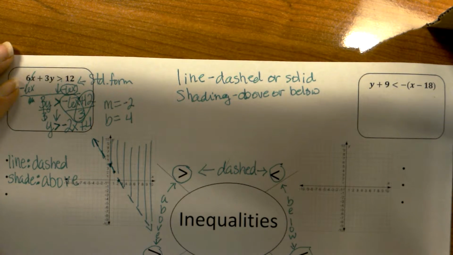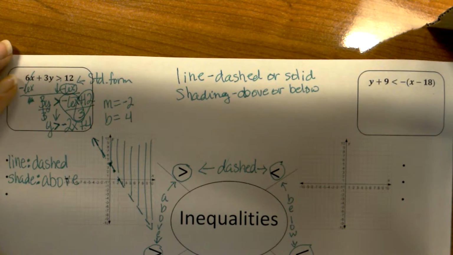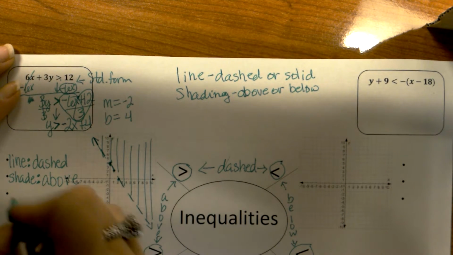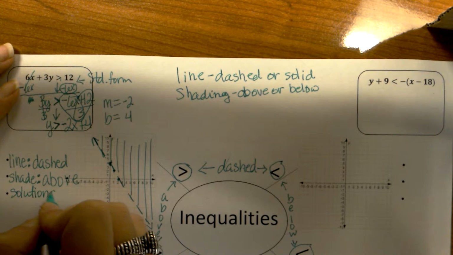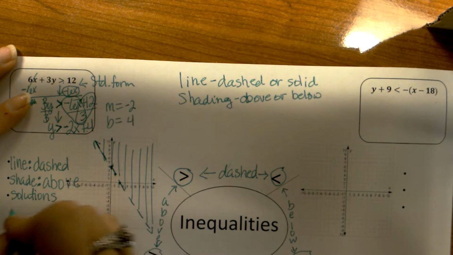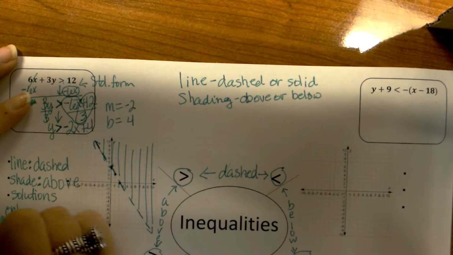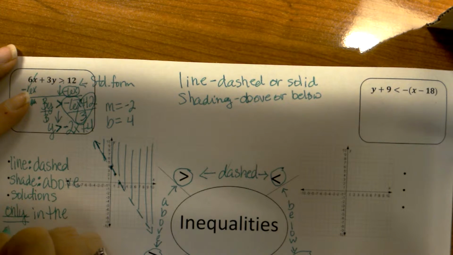So why do we do that? Why do we have a specific kind of line and shading? Because inequalities do not just have one or two solutions. They have lots of solutions, okay? So the solutions for this particular graph are only in the shaded area, okay?